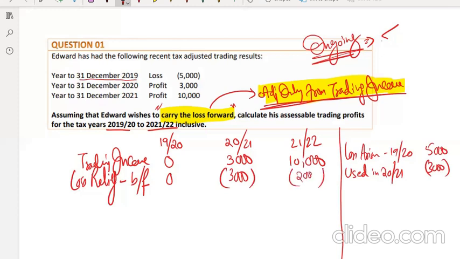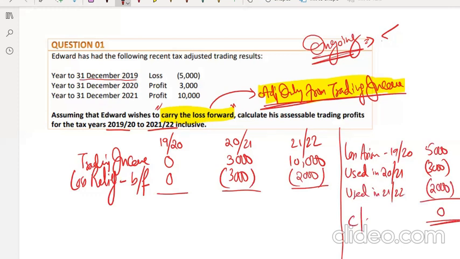There is no limit on how many years you can carry forward until your business is alive. If you close down your business, the loss will be wasted. You cannot carry it forward beyond the life of the business. So carry forward to 2022-23 will be zero because it's all consumed.